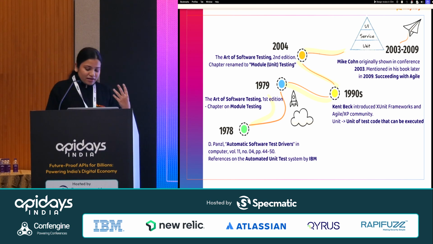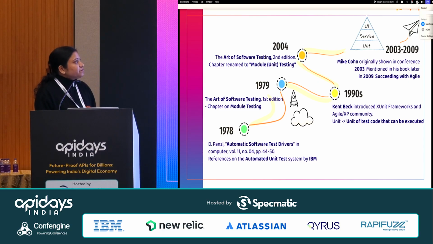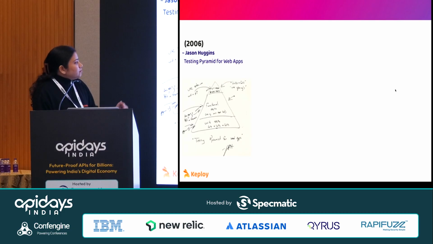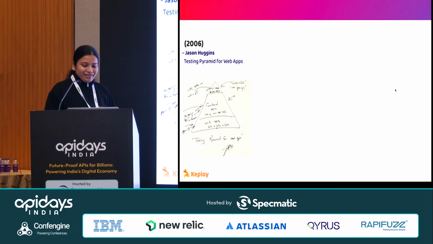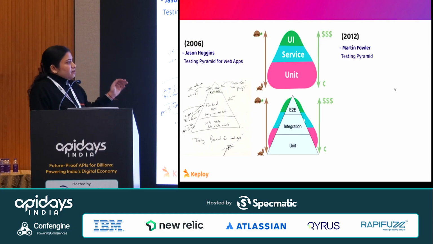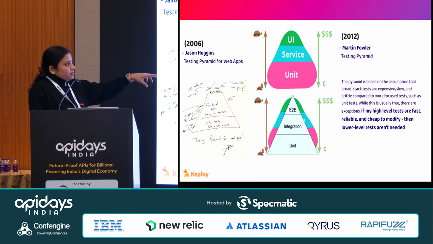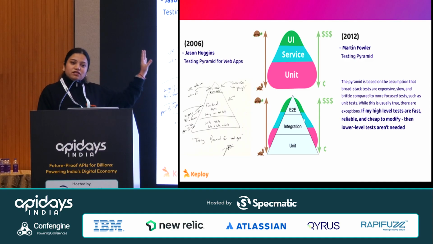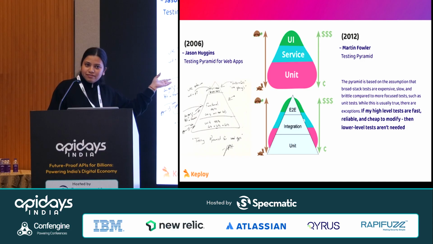So this testing pyramid was coined keeping in mind what Jason Huggins drew and Martin Fowler explained in his terms: the upper level test cases are very expensive to write and very slow. I think we all know about it.